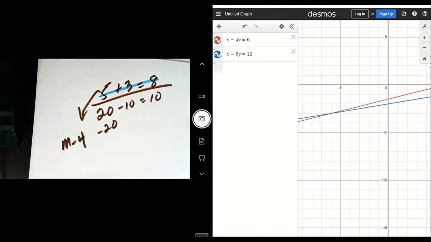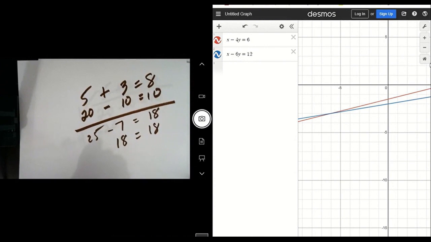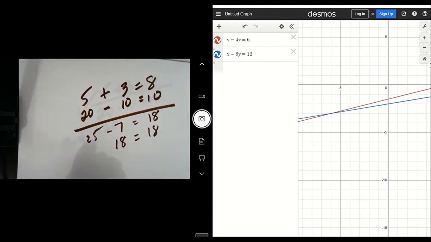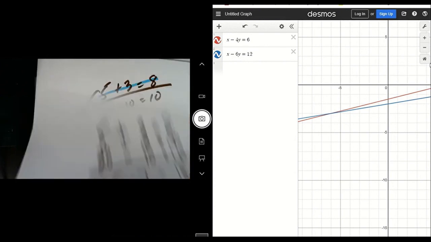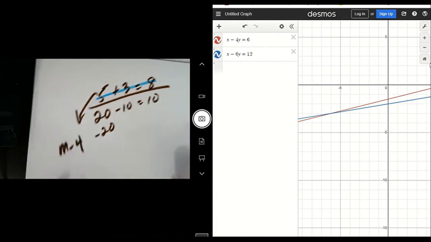So, here we go. So again, one more time. We did this. We added them vertically down. We got it. It continued to be a true statement. Two true equations continued to be true when we added them. So here it is again, but then we multiplied by -4. I'm going to multiply by everything in the equation, especially both sides of the equation, because that way it should stay true.